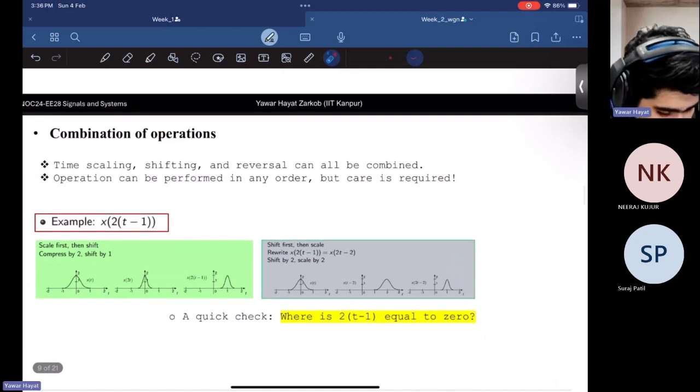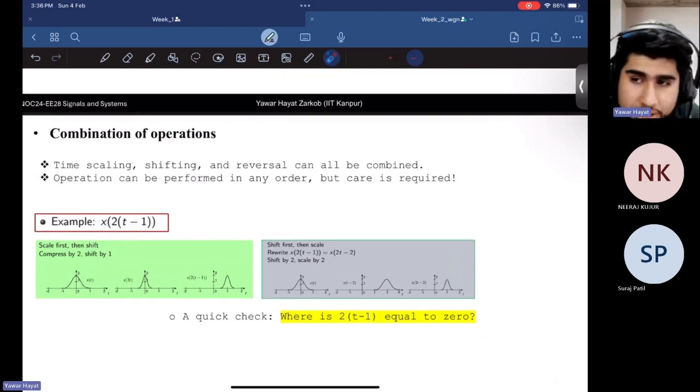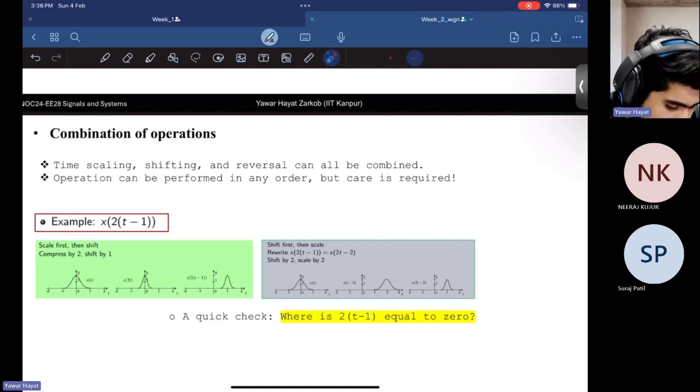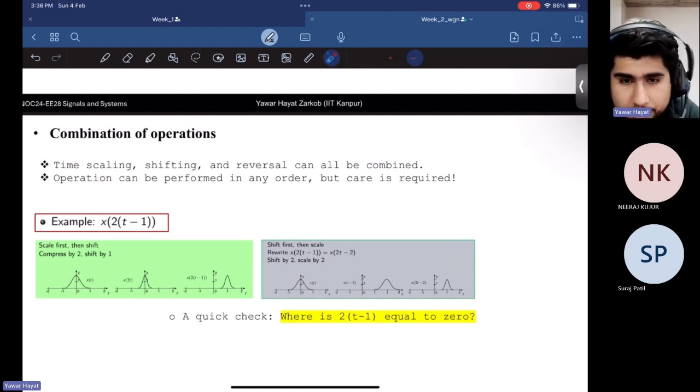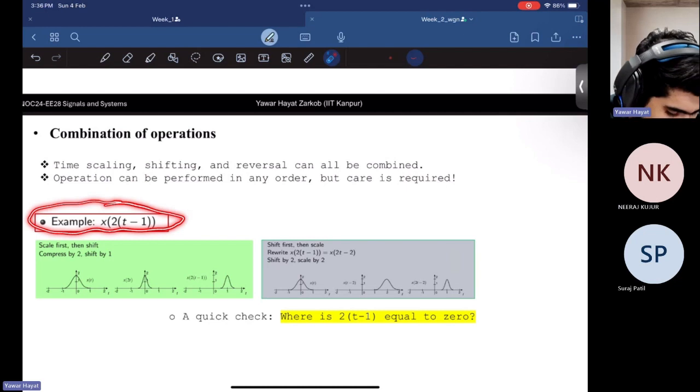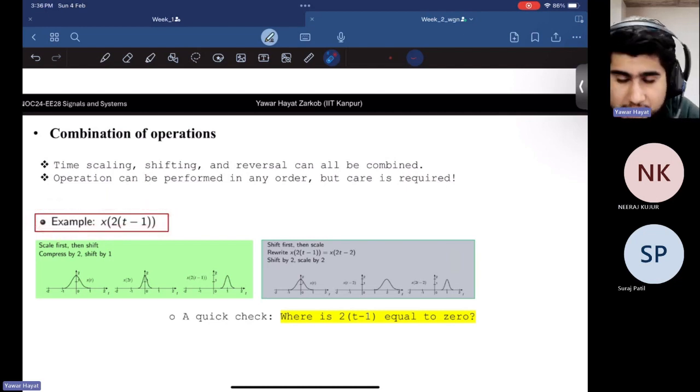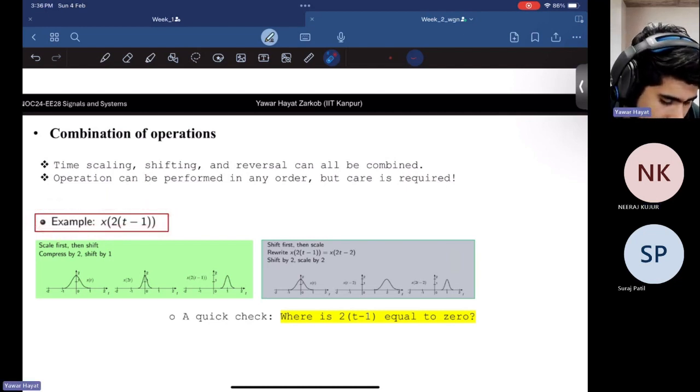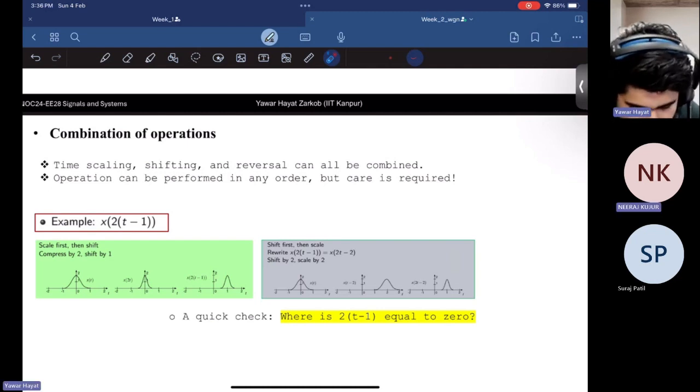Now in problems, you would encounter a combination of these operations, okay, where time scaling, shifting, and reversal will all be combined. For example, x of 2 times t minus 1. We can move in either order, right?